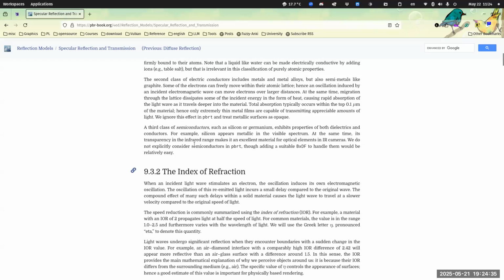We do not consider semiconductors in PBRT, though if we added another BxDF to handle them, it would be easy. Semiconductors are not that common in real life, so not that common in a random image anyway.